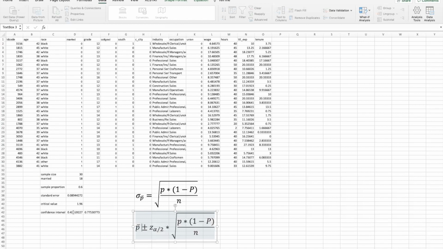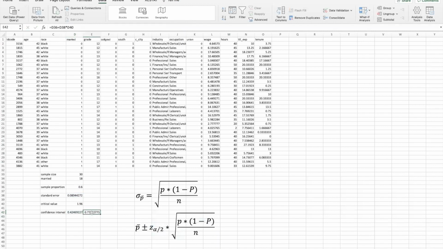So I will just put equal, and then using this P bar here, which represents the sample proportion, subtract the critical value times the standard error. So that will be the left-hand side of this confidence interval.